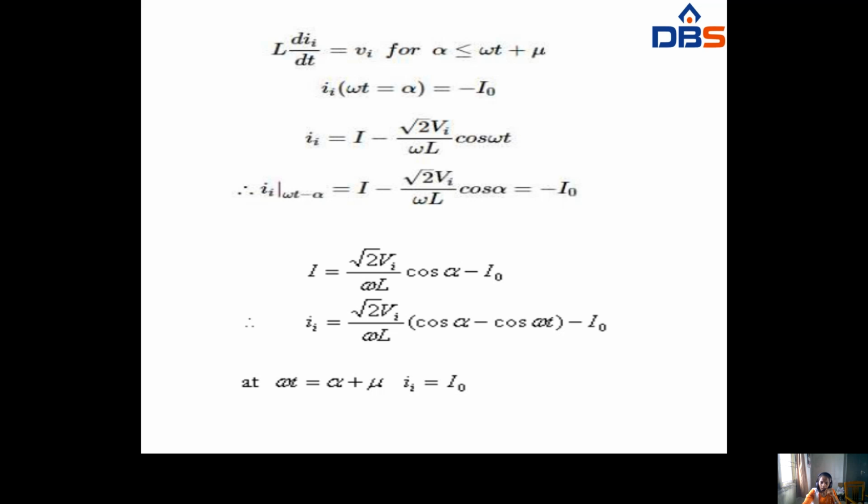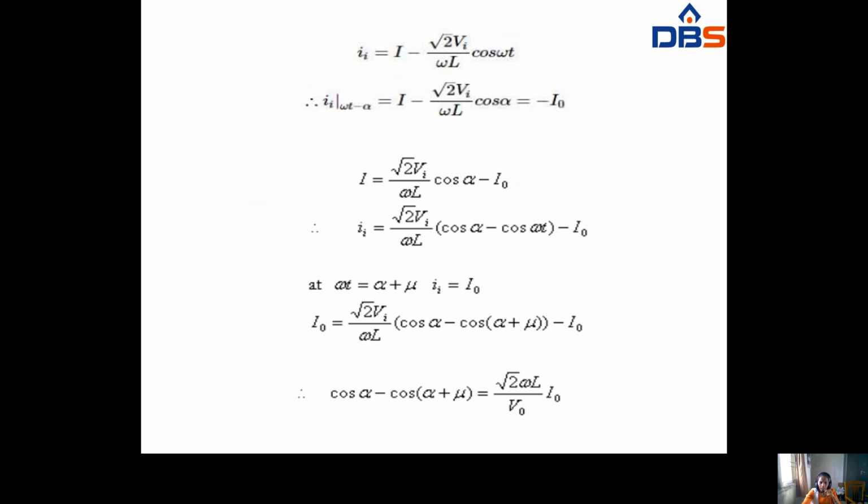So here I equals root 2 Vi by omega L cos alpha minus I naught, and here small i equals root 2 Vi by omega L, cos alpha minus cos omega t, minus I naught. At omega t equal to alpha plus mu, small i equals I naught. So at an angle omega t equal to alpha plus mu, small i equals I naught.